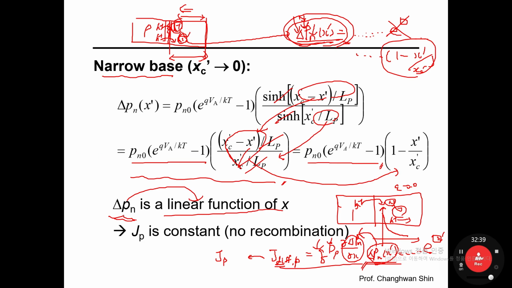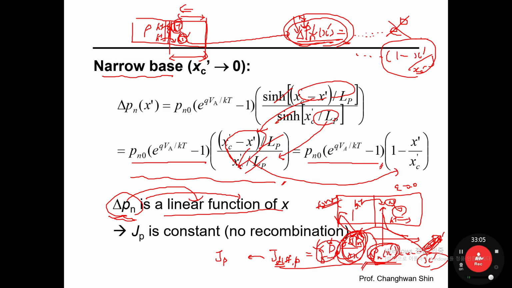Suppose you are well geared up with the basic knowledge of ideal diode analysis. Since delta p sub n is described with a linear function of x, plug it in here. Once you take the first derivative of a first order equation, the term becomes constant.